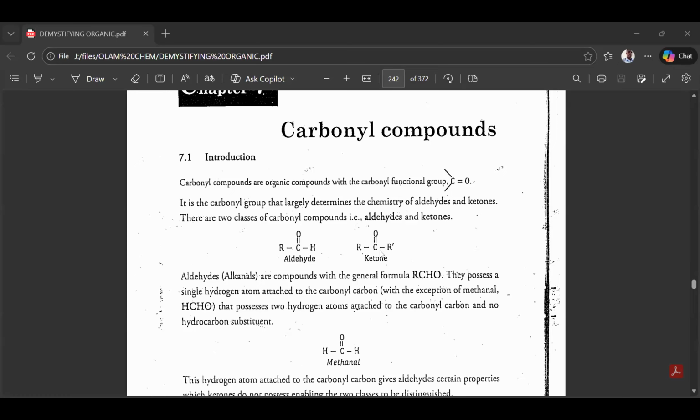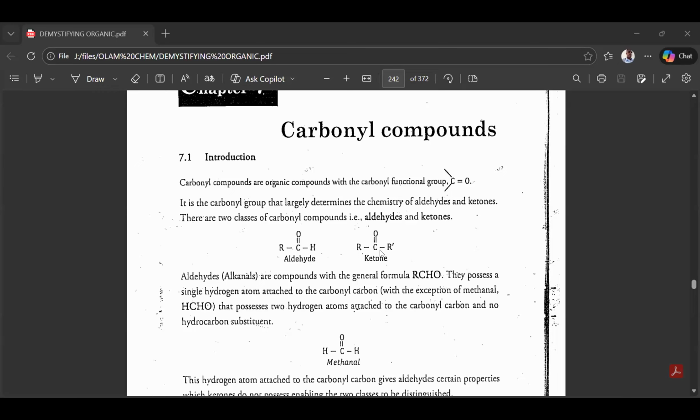It's a carbonyl compound under the class of ketones. So that's how we can differentiate ketones from aldehydes. The aldehydes have a hydrogen attached to the carbonyl carbon. The ketones lack a hydrogen attached to the carbonyl carbon.